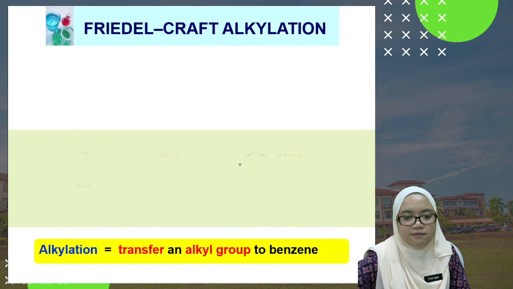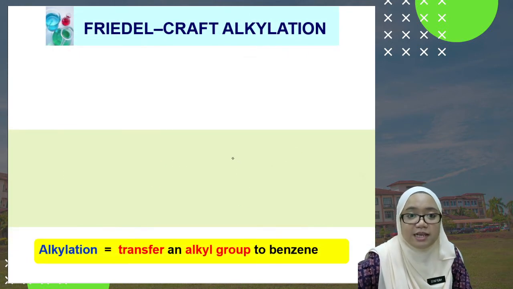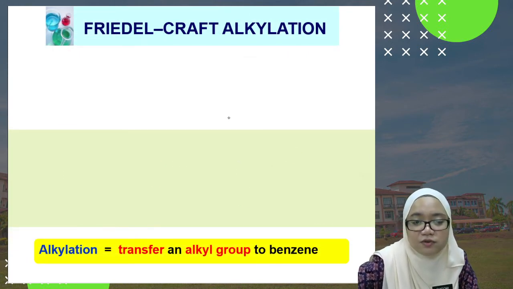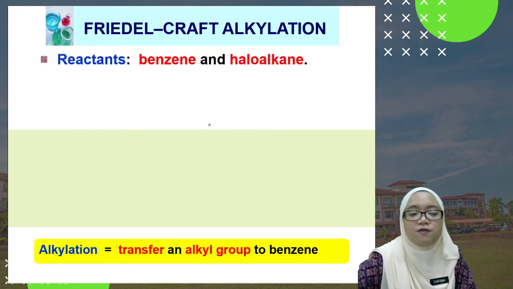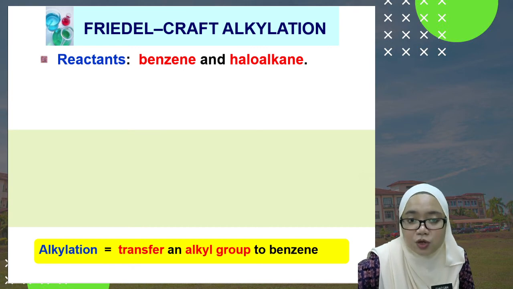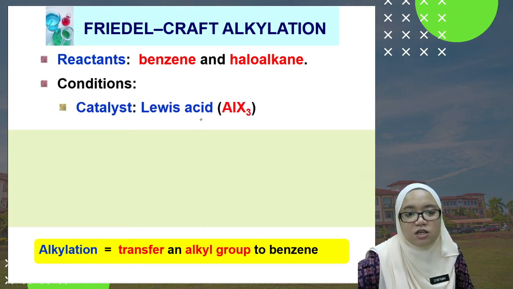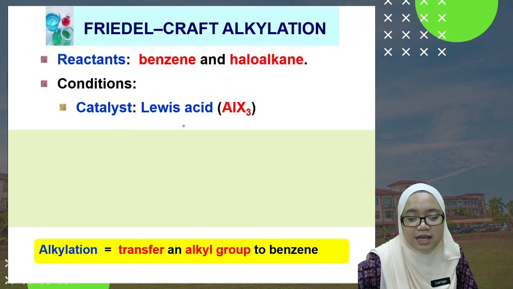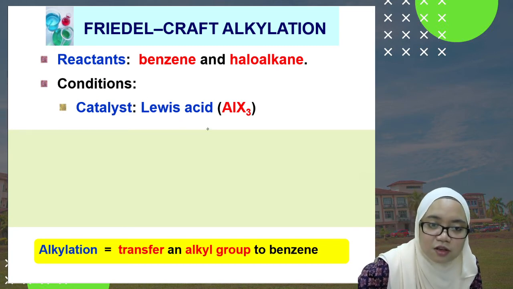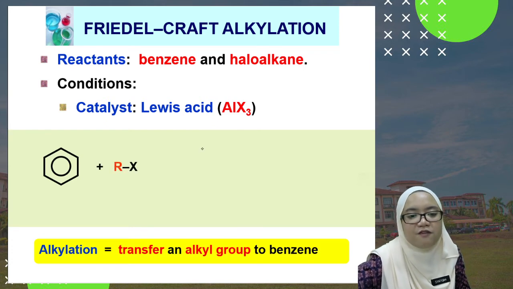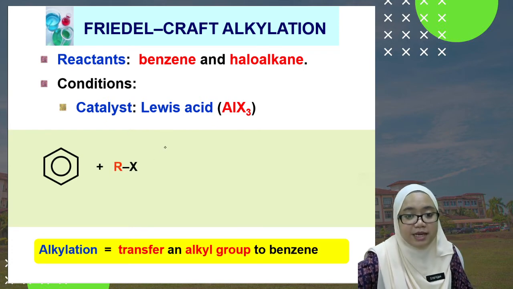Okay. So the next one is the Friedel-Crafts alkylation reaction. This is also one of the electrophilic aromatic substitutions, and the reactants that we use here are benzene and haloalkane, under the condition where the Lewis acid catalyst must be present for the reaction to occur. So here we have benzene and haloalkane.